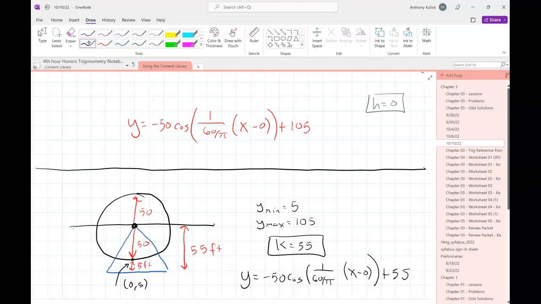In the first part, k was 105 with the picture I drew, which was the wrong picture. For this problem, the picture I should have drawn, it should be 55, because I just drew the picture wrong. You know what I mean, Olivia? Yeah. Okay.